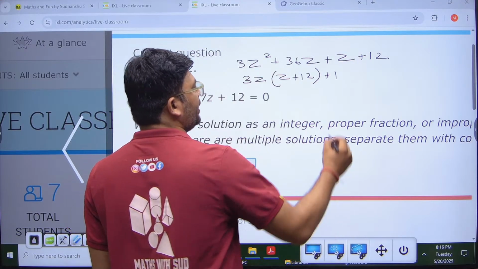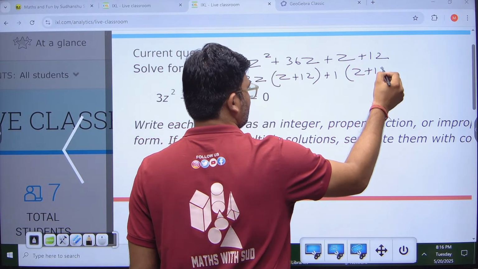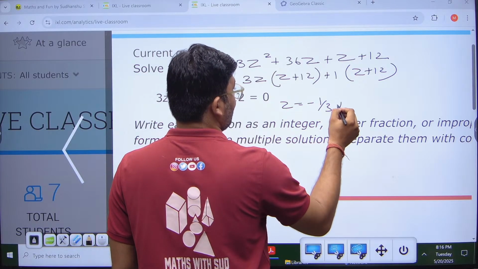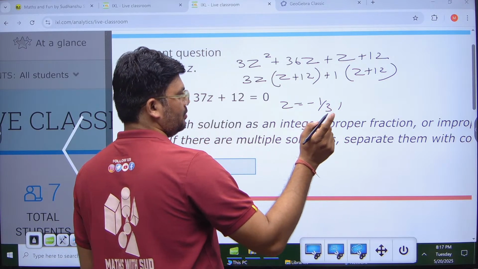So if nothing can be taken common, you can take plus 1 common. So minus 12, then 1 by 3. Minus 1 by 3, I think. Plus 3, yeah.